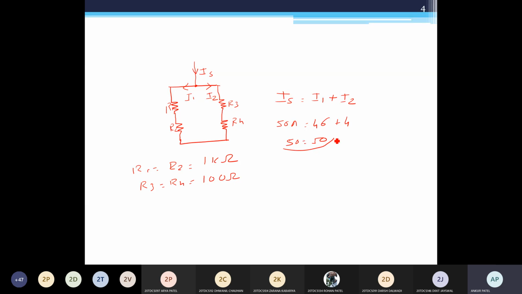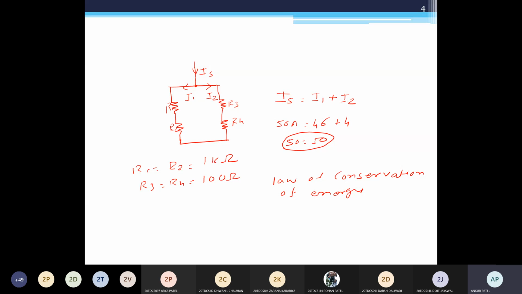So this is KCL, because KCL follows the law of conservation of energy. Is what I am writing visible? Yes, sir. So it follows the law of conservation of energy. Energy can neither be created nor destroyed.